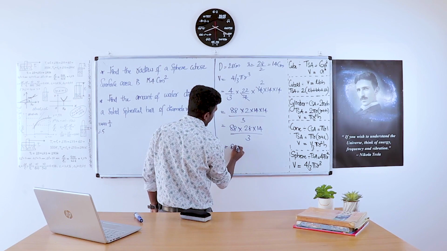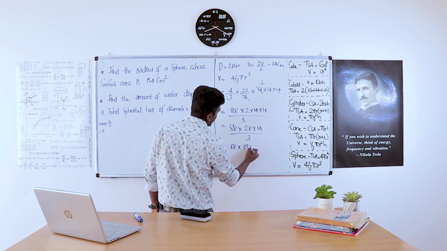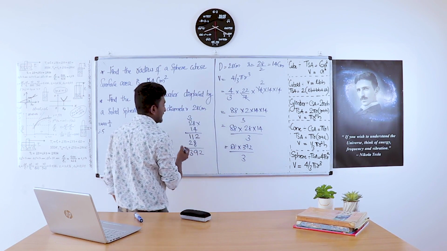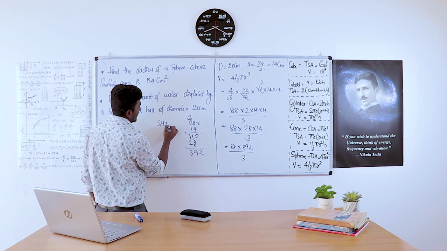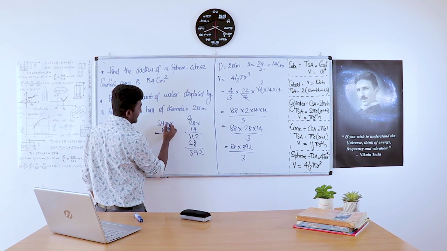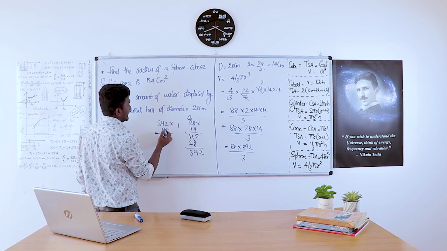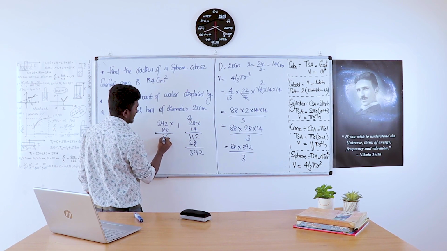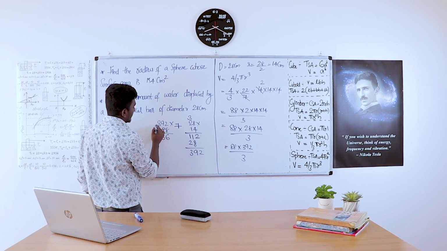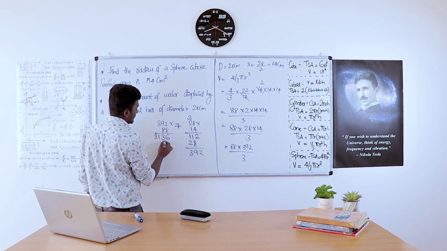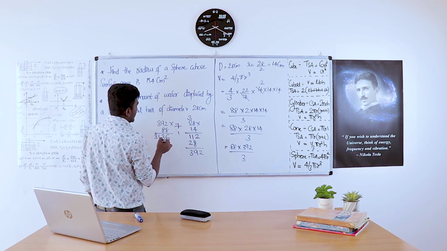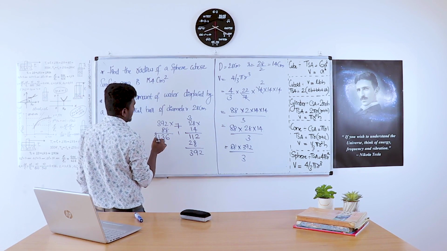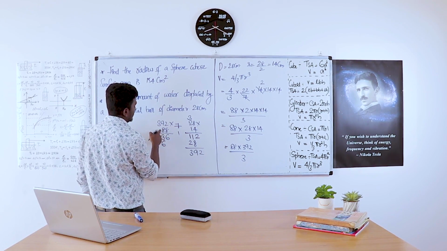That is equal to 88 into 392 divided by 3. What is 88 into 392? 392 into 88. 8 into 2, 16. Remainder 1. 9 into 8, 72. 72 plus 1, 73.